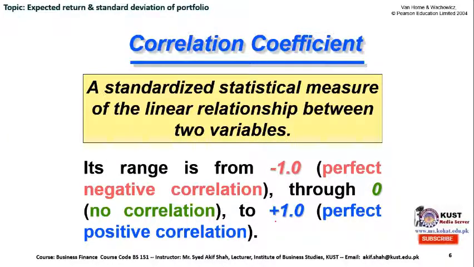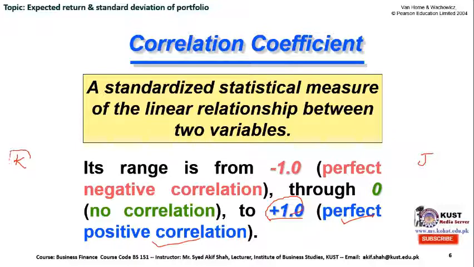Similarly, if the correlation coefficient found between two stocks, stock K and stock J, is +1, then there will be perfect positive correlation between the two variables.